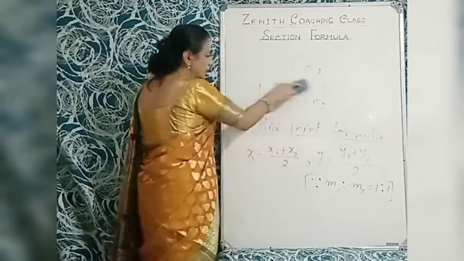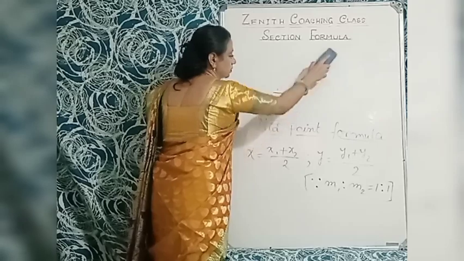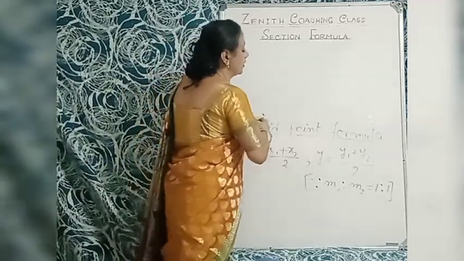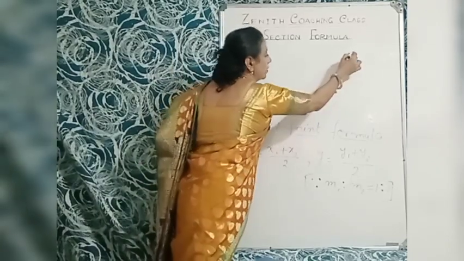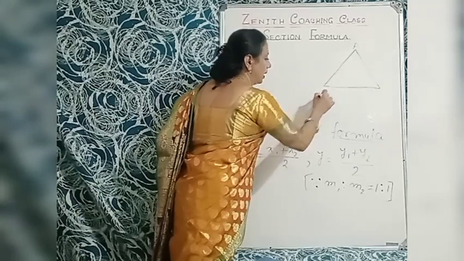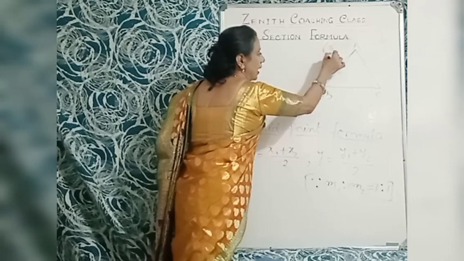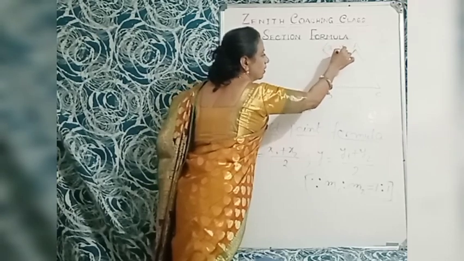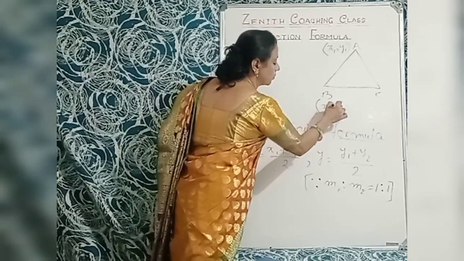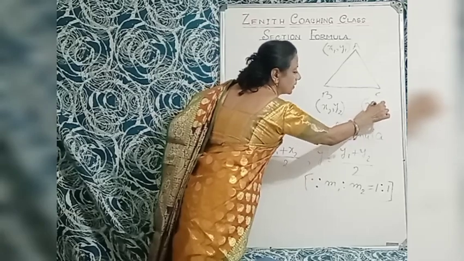A is (x1, y1), B is (x2, y2), and C is (x3, y3).